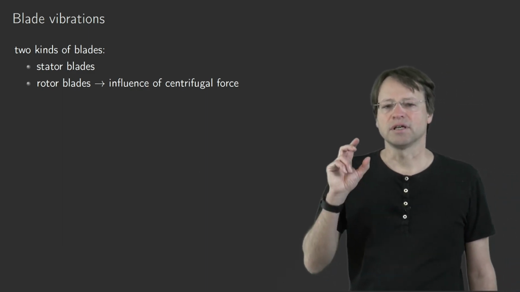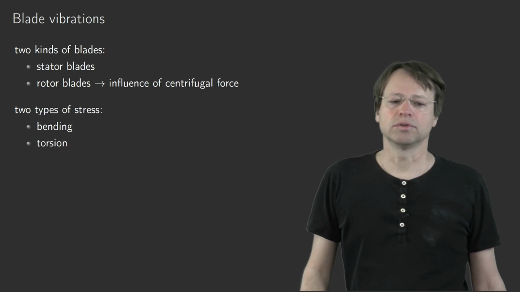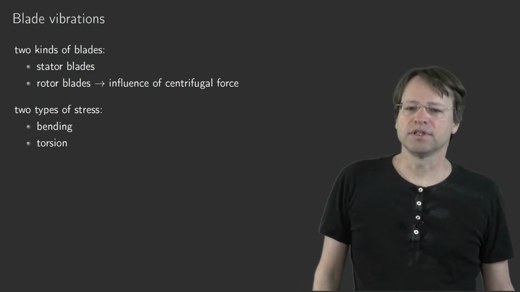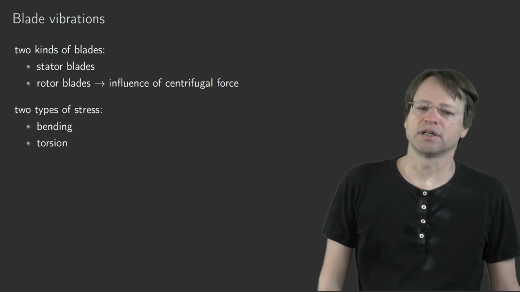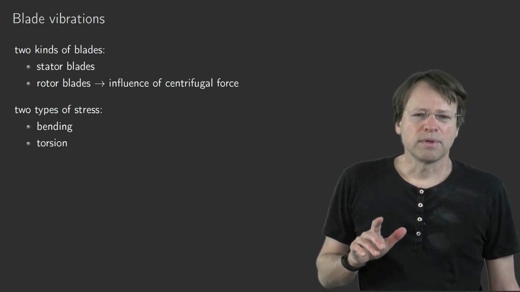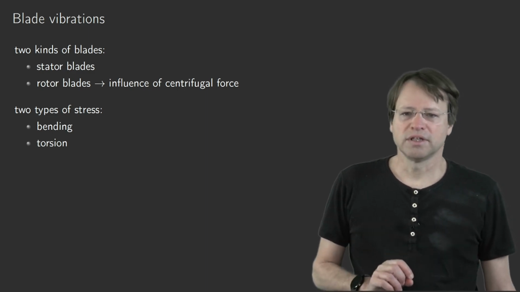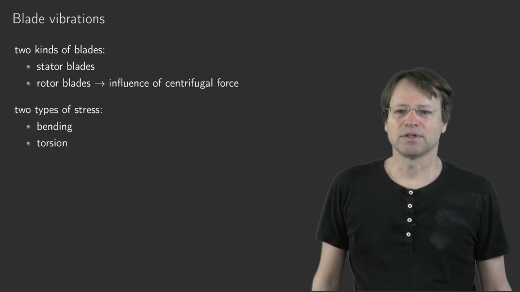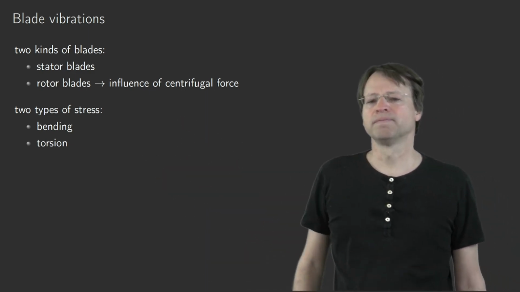The first one is a bending load, and the second one would be a torsional load. What one can show is that for torsion, the first natural frequency is in general higher than for bending, and therefore we will consider torsion only a little bit. I would say nearly. We will always consider bending, but neglect torsion.